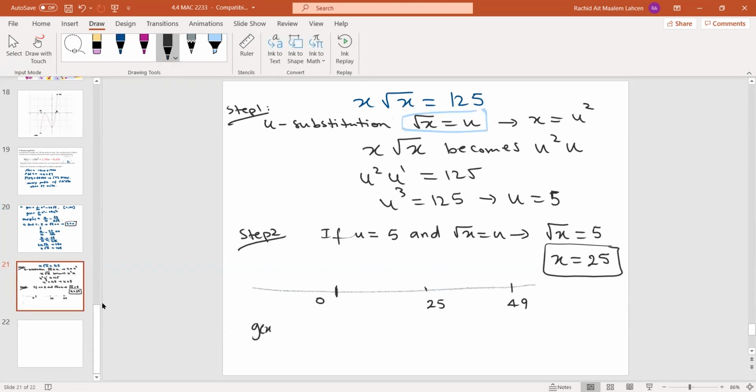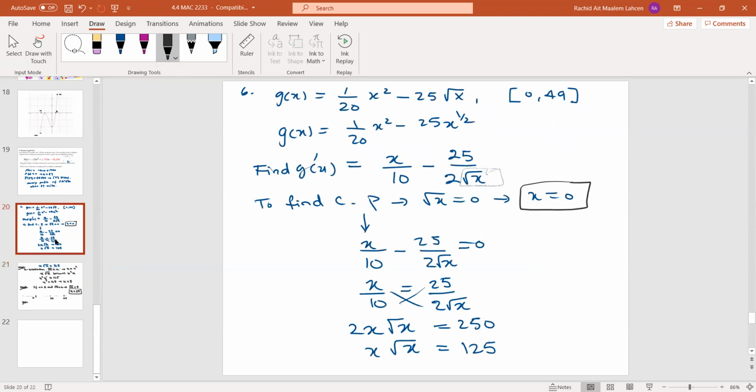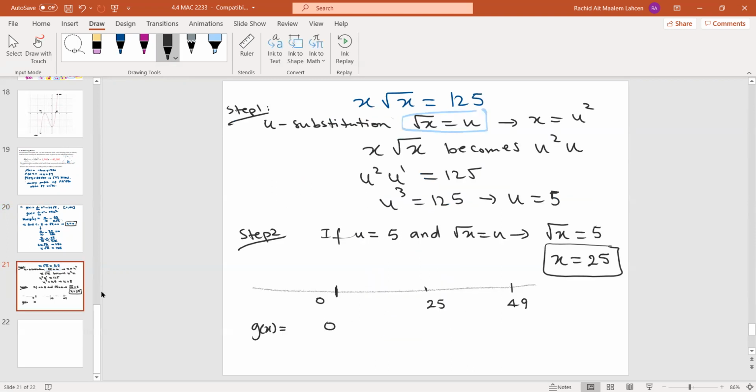So I would let you try, but I'll show one of them. So in g of x, 1 over 20 x squared minus 25 square root of x, if you put 0 there, you're going to get 0.